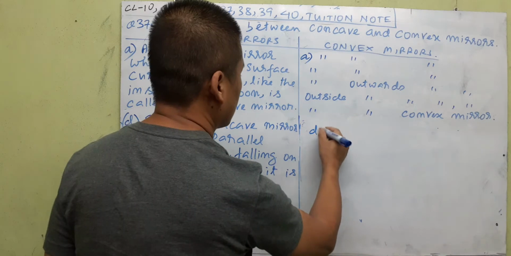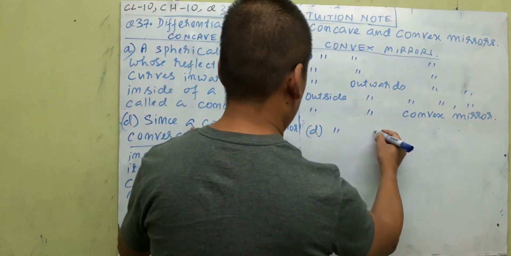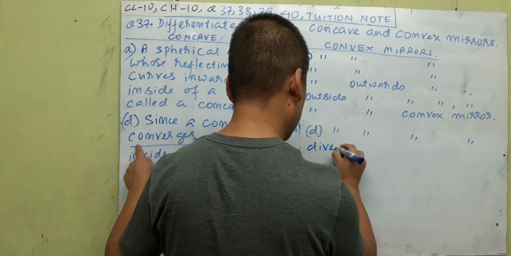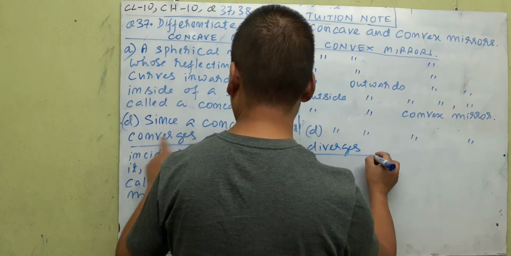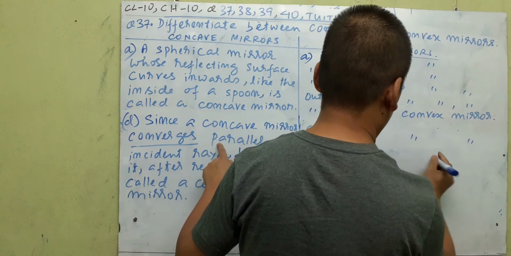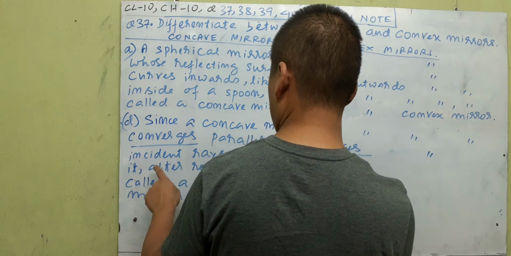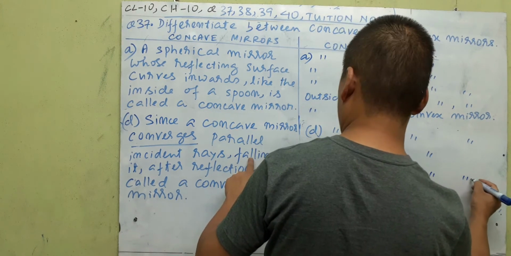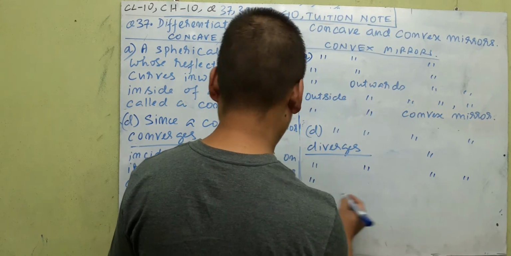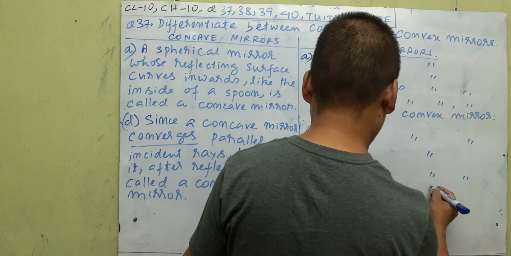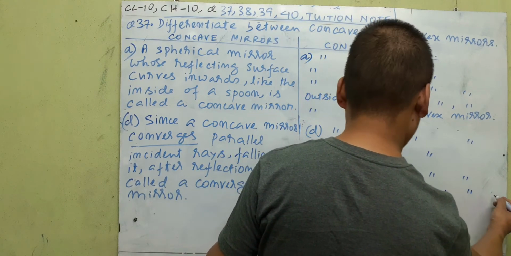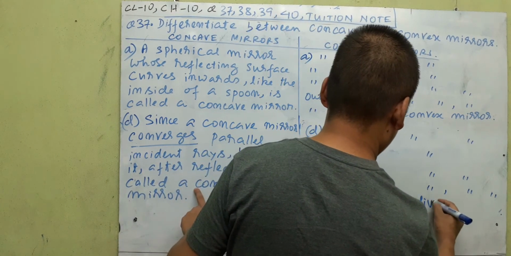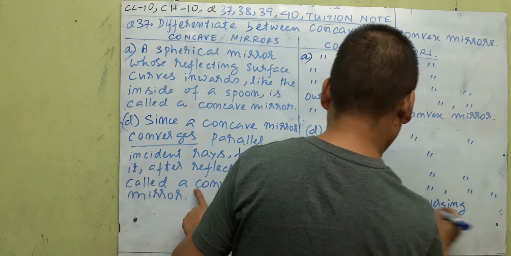Then here D, since a convex mirror diverges, underline this word, the difference is converge and diverges, parallel incident rays falling on it after reflection, comma, it is called a diverging mirror.